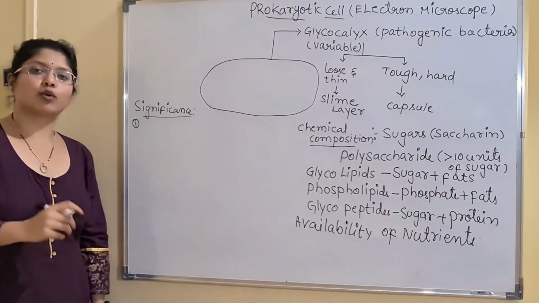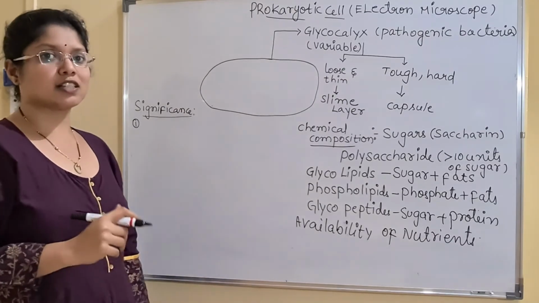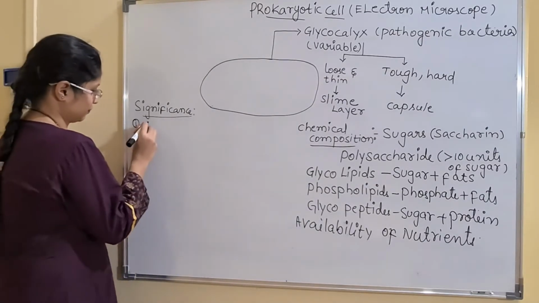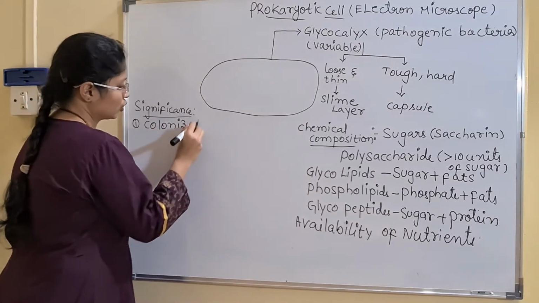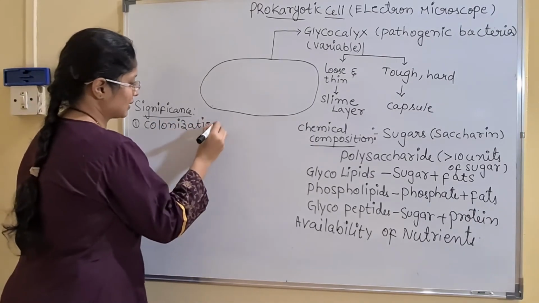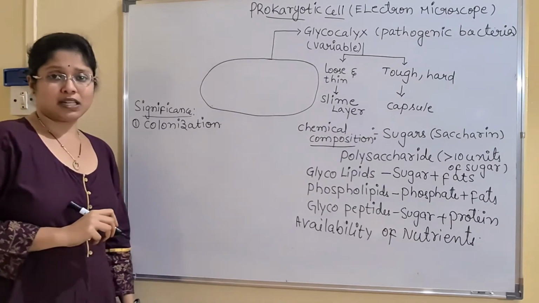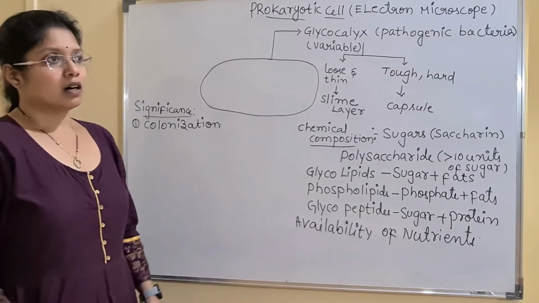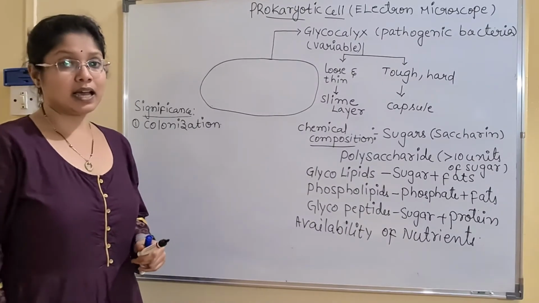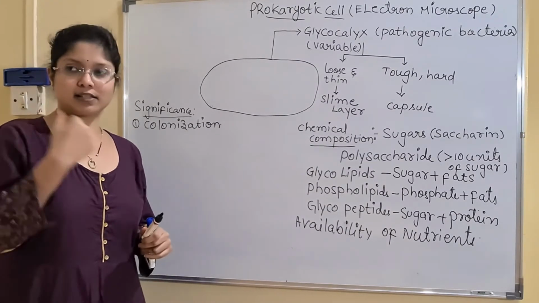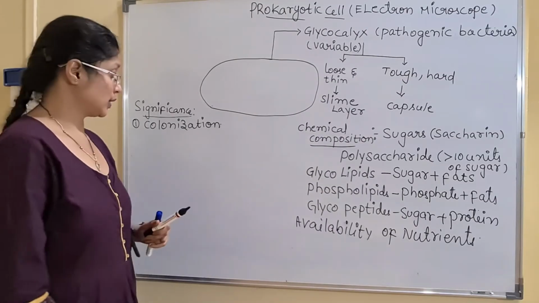The first important significance that we are discussing is colonization. What is colonization? Colonization means a group of bacteria, normally unicellular, and in order to increase their resistance, their power, what will they do, children?